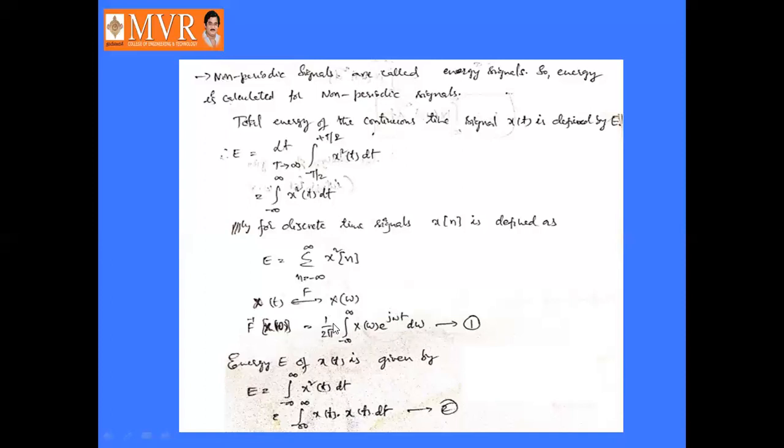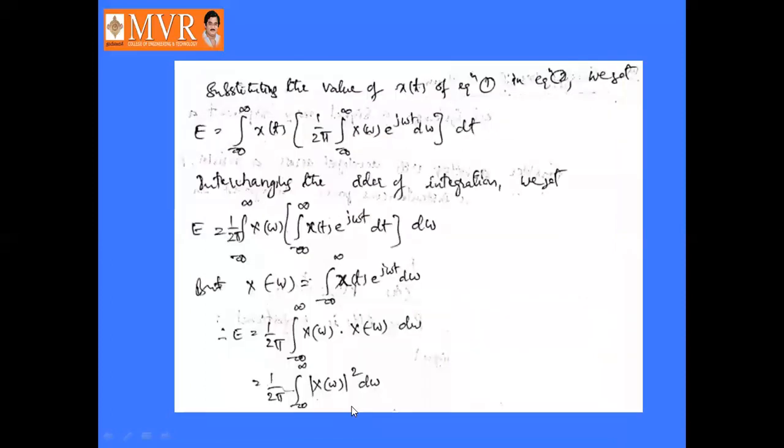But the x(t) expression is equation number 1. Substitute equation number 1 in one of the x(t) places. So substituting the value of x(t) from equation number 1 in equation number 2, we get E equal to the integral from minus infinity to infinity of x(t) into 1 by 2π integral of X(ω) e^(+jωt) dω, whole into dt.